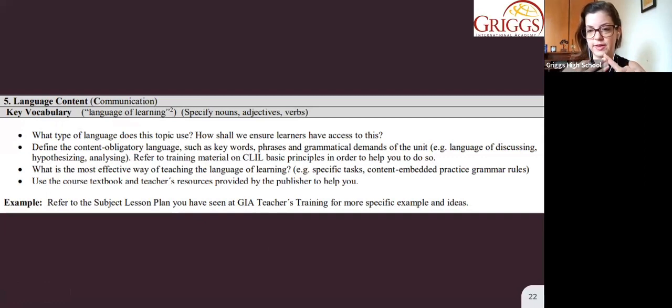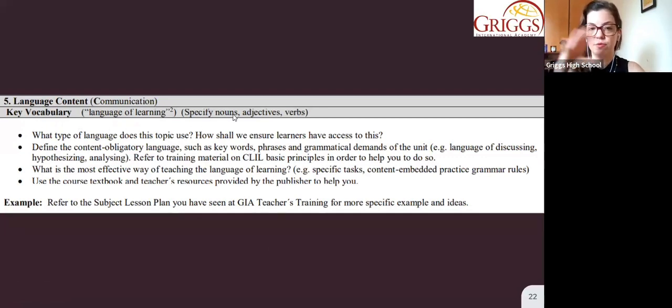Carbohydrates, proteins, fats, simple carbohydrates, complex carbohydrates, trans fats, saturated fats, unsaturated fats. I don't know. It's the vocabulary that you're going to teach.